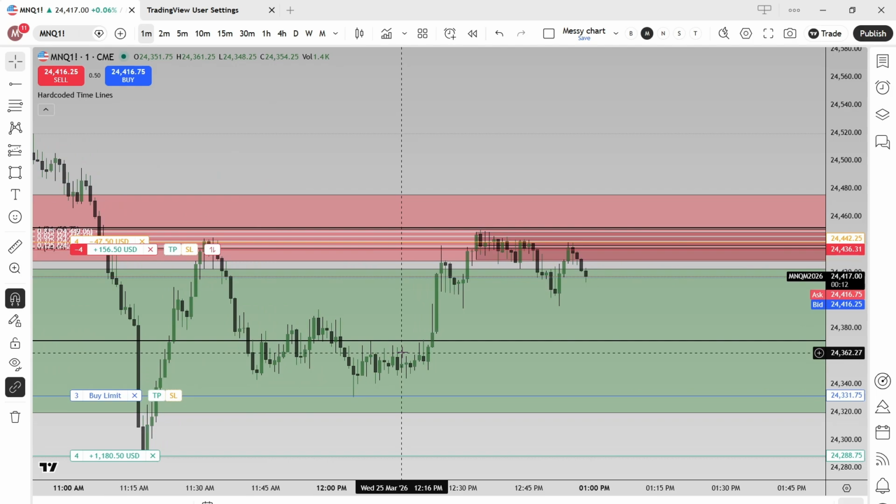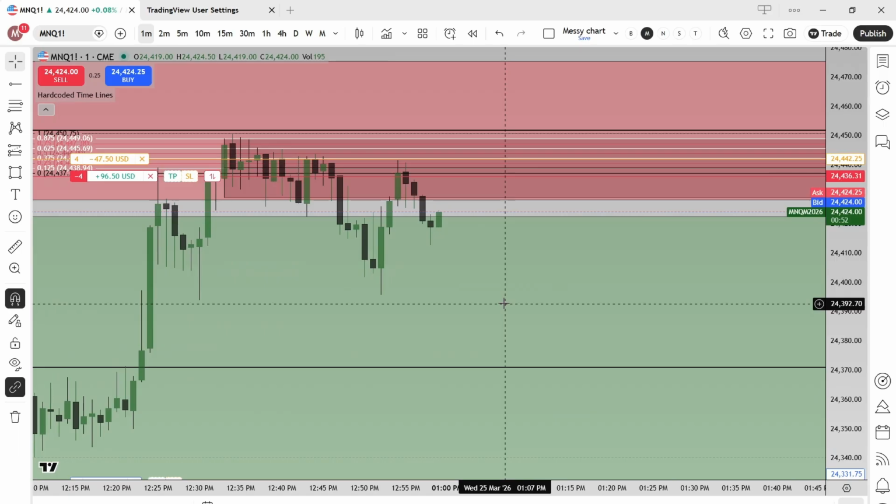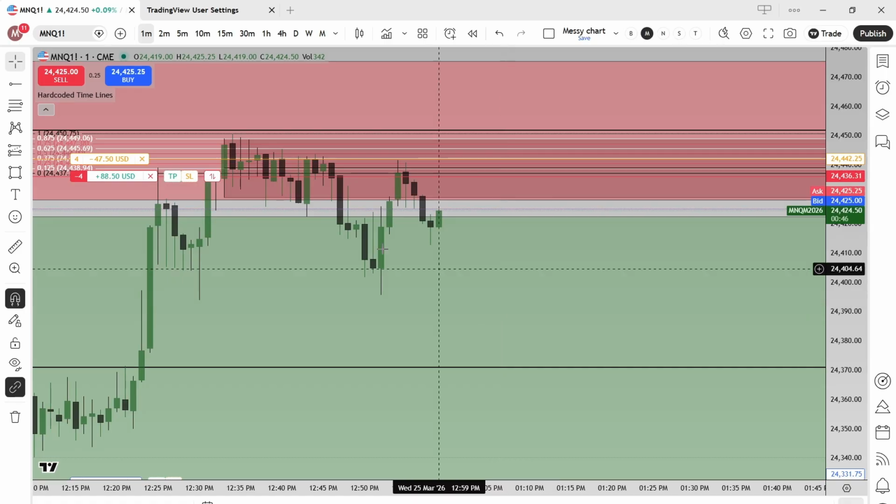Afternoon session, not a lot of volatility, so I like to aim for majority of my position, not too extreme. And then I'll let one contract just float for the day. Just touching that gap.